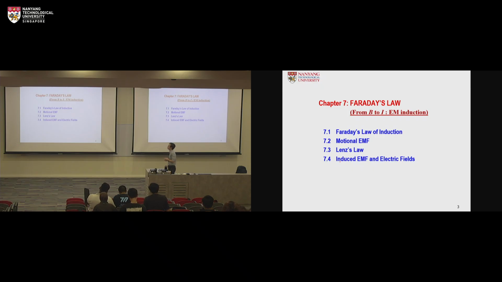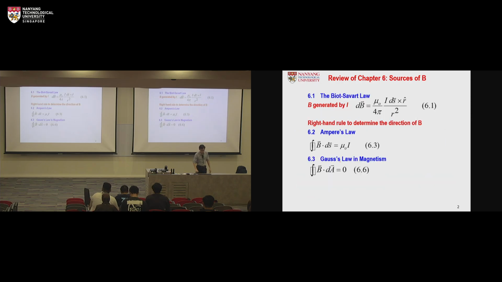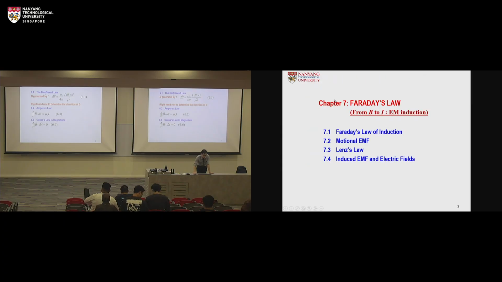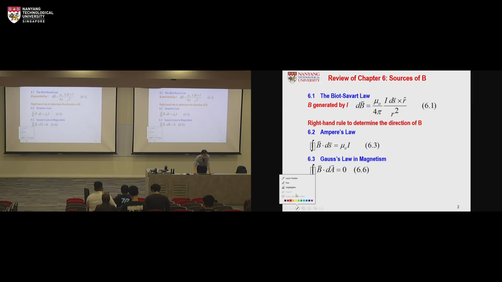And the first new topic is the so-called Faraday's law. Faraday's law basically is a description of a magnetic field generating a current. In the last lecture, if you can still remember, we had the so-called Biot-Savart's law to quantify B generated by I. That is from I to B, right?